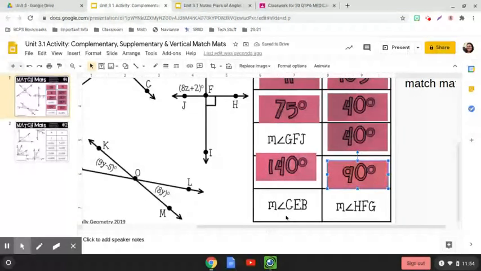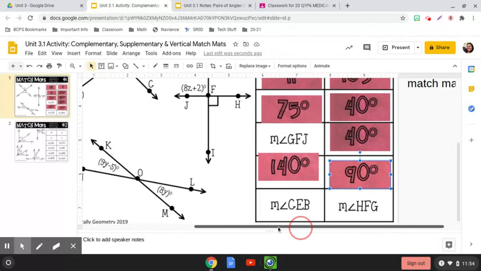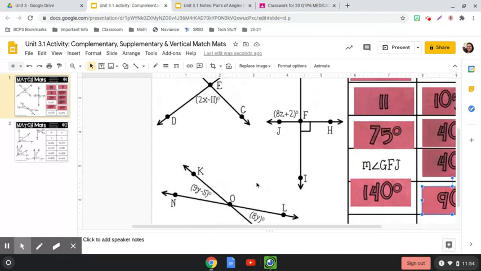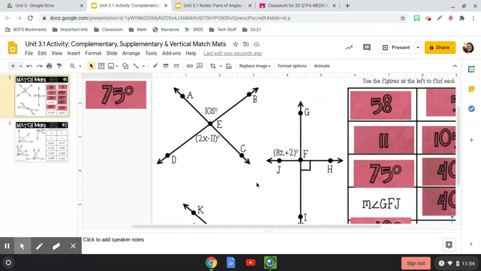We have the measure of angle GEB. So we need GEB. Let's find our diagram. Right here. GEB. Well, we know that angle GEB and AEB form a linear pair.